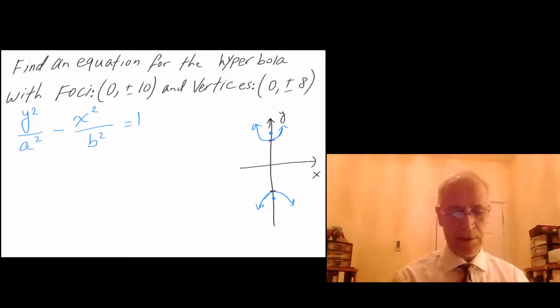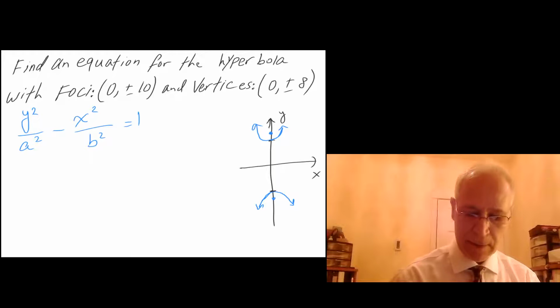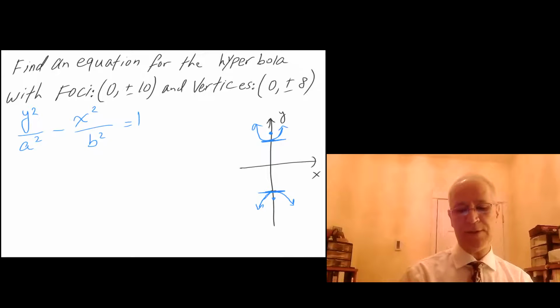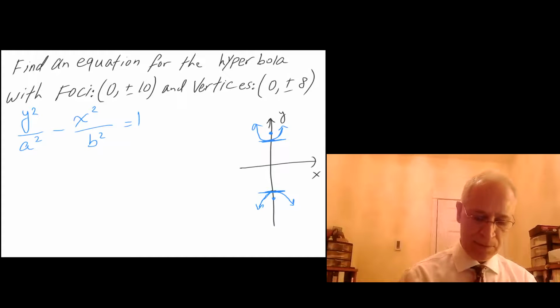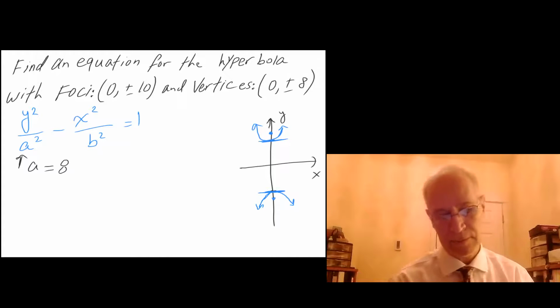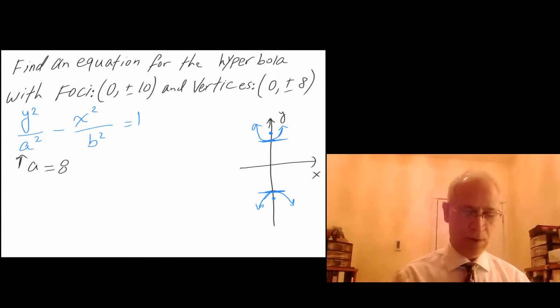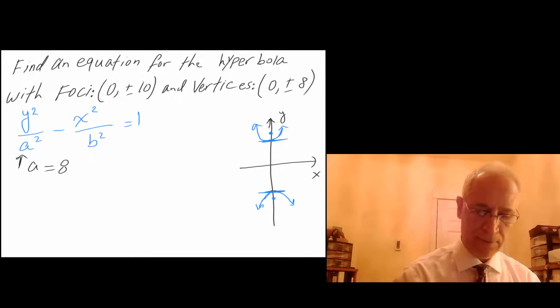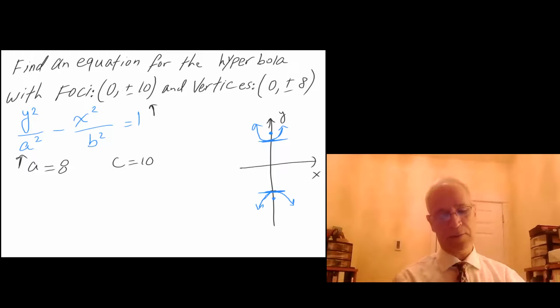And notice that since the problem is telling me that these vertices are at 0 plus and minus 8, that means that this a right here, a equals 8. And what else do we know? We also know that the value of c equals 10.